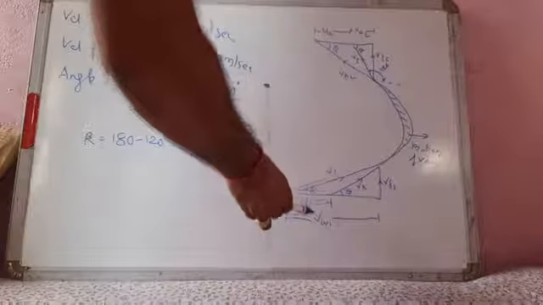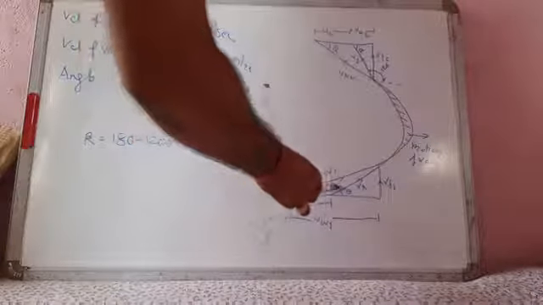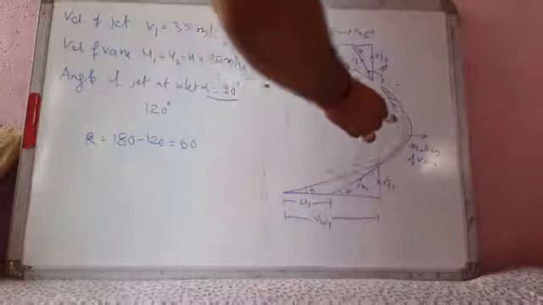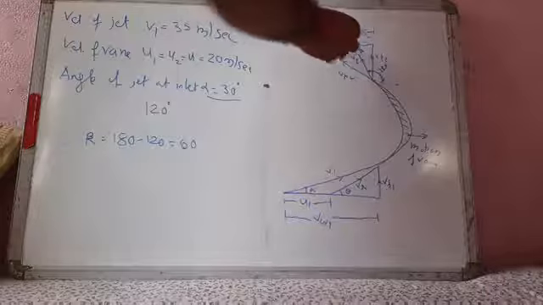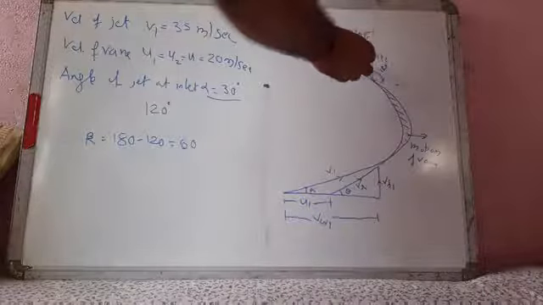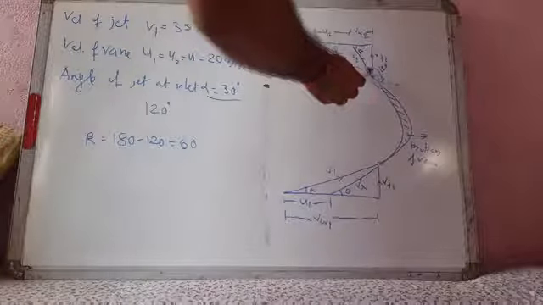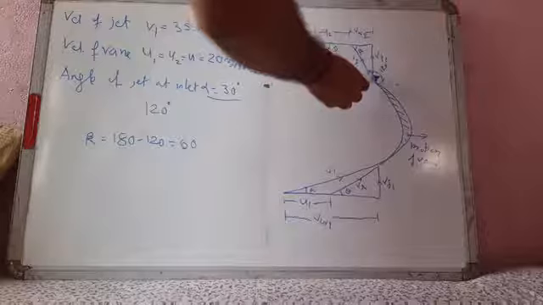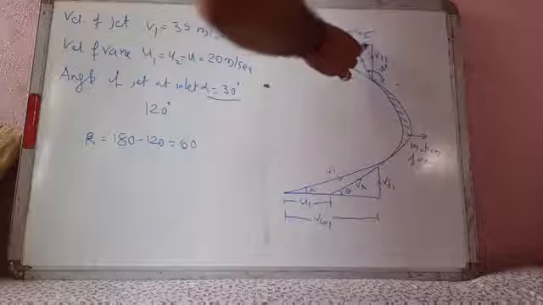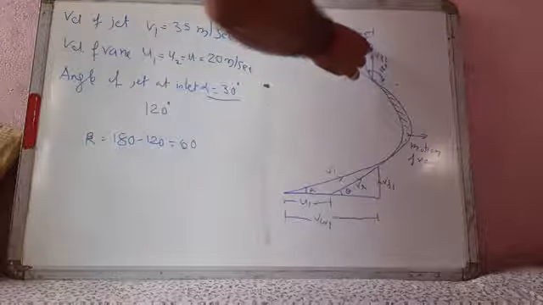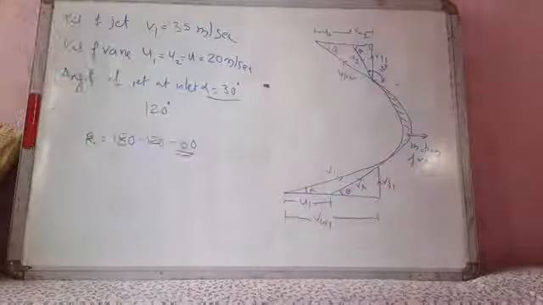This is U1, this is VW1, this angle is alpha, this is theta, VF1, and the outlet triangle, this is angle phi, this is beta. This angle is given 120 degree, but as we know this is 90 degree, so this angle is 30 degree. So 30 plus beta plus 90 equals 180, so this angle beta is equal to 60 degree.